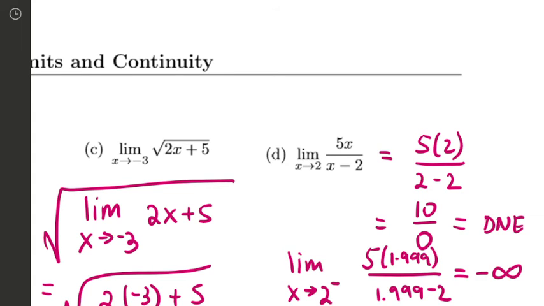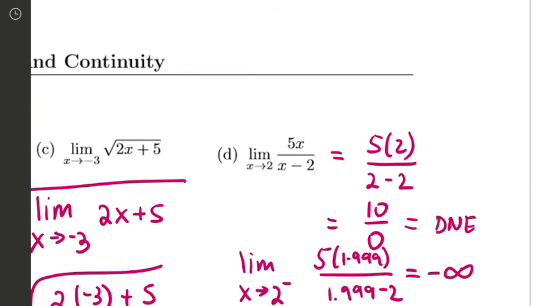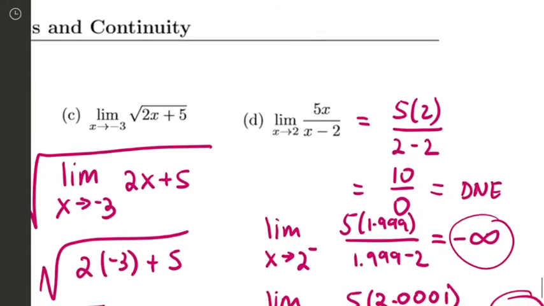And the same thing if I look at the limit from the right side of 2, I can say 5 times 2.0001 divided by 2.0001 minus 2. And as I increase the number of decimal places, you're going to get a very large positive number, right? So we'll represent very large numbers using the infinity symbol here. And so when you have a negative large number and a positive large number on the left and right side, your left-hand and your right-hand limits are not the same, so it does not exist.